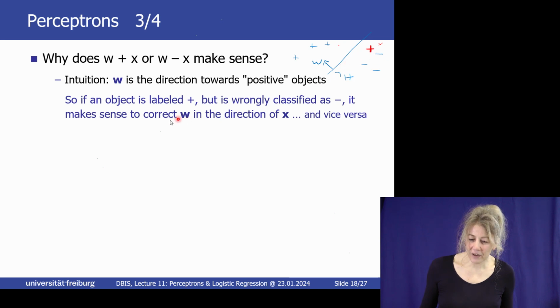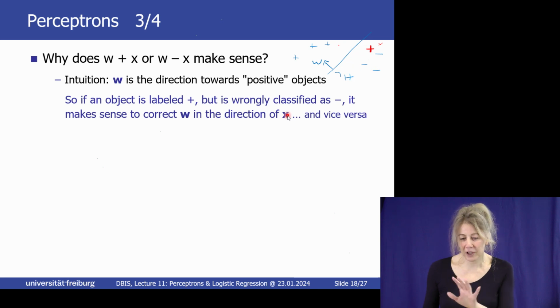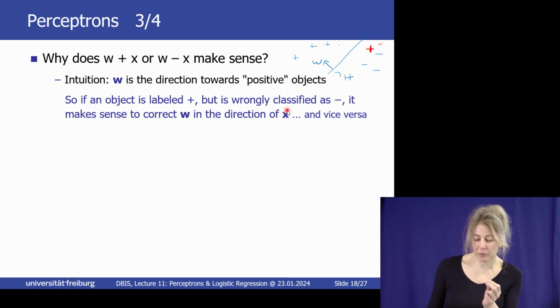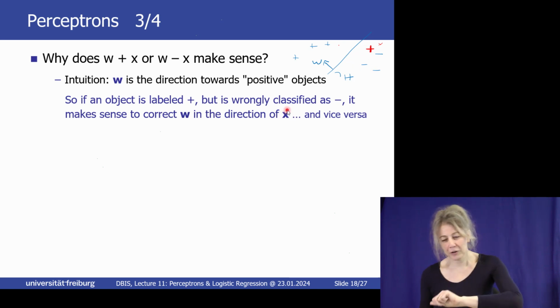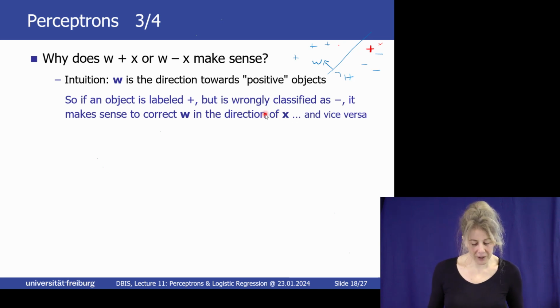And then I'm saying it makes sense to correct w in the direction of x. Then maybe I should move the hyperplane a little over here, right? So that's the situation. I have an x here, which is actually plus, but my predictor says it's minus because it's on the other side of the hyperplane. Maybe I should move the hyperplane a little in the direction of this x. And this is what adding x does. And subtracting x moves the hyperplane closer to x or away from x.